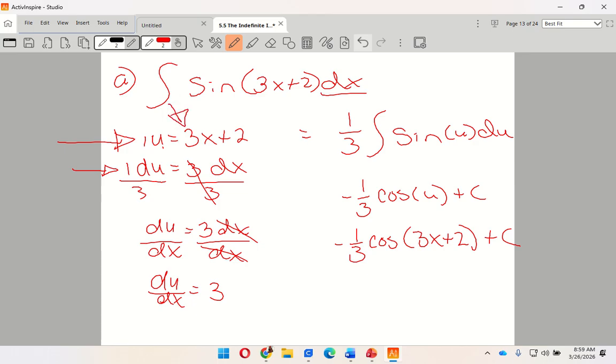Instead of actually just writing du dx is this, I have the du on the left and the dx on the right.